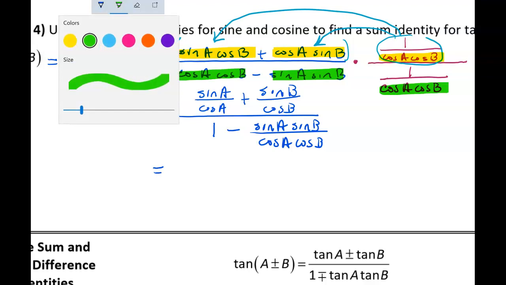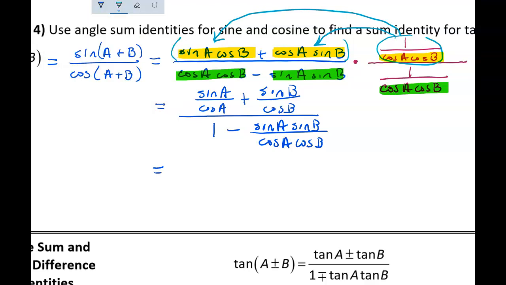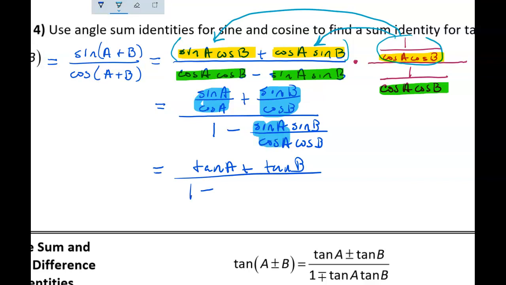So for instance, our first term here, which is sine A over cosine A in the numerator, that's just tangent A. And then our second term, sine B over cosine B, is just tangent B. And then downstairs, 1 minus, and we have part of that fraction, sine A over cosine A. That's just tangent A. And then it's multiplied by sine B over cosine B, which is tangent B.